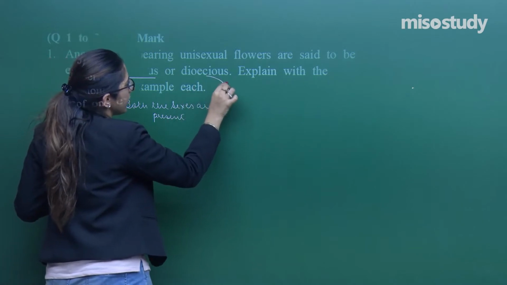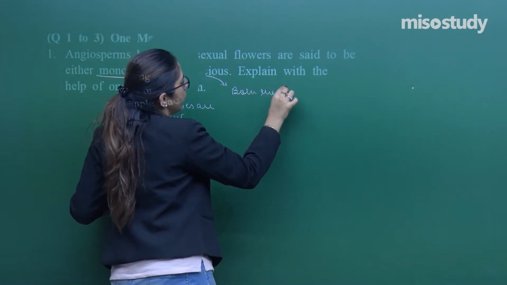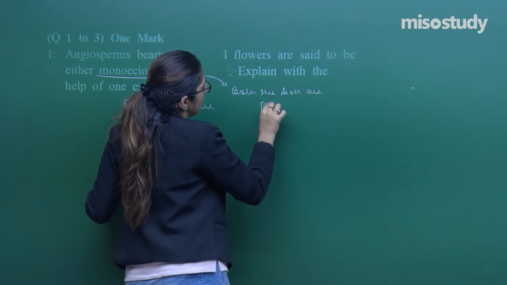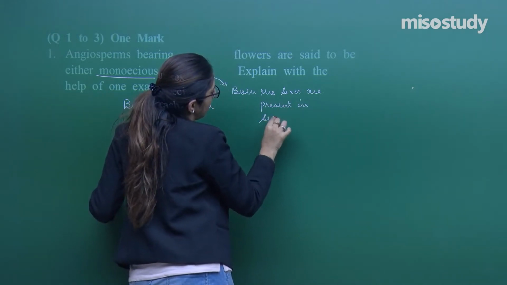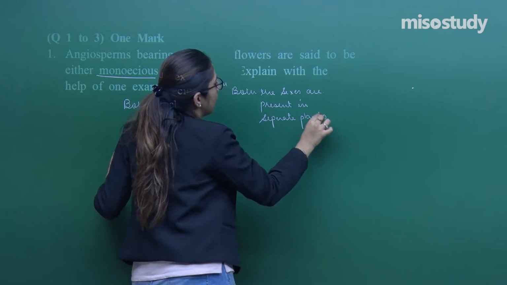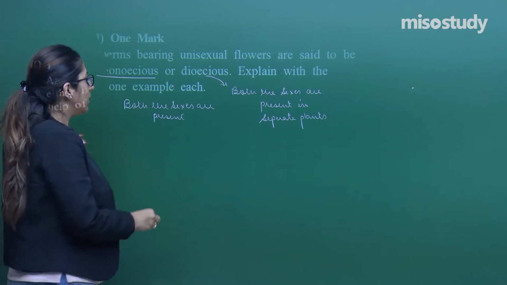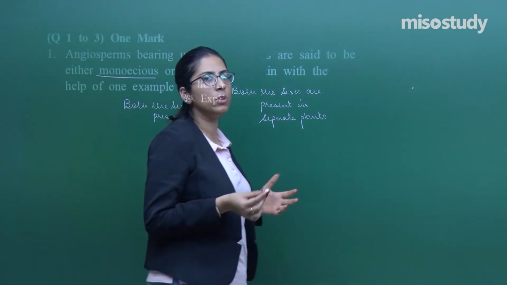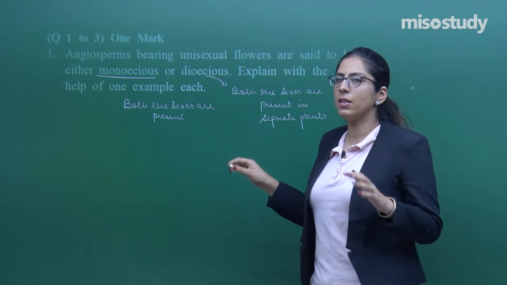Whereas in dioecious, both the sexes are present in separate plants. That means the pistillate and the staminate flowers are both present in the same plant in the monoecious case, and in this case they are present in separate plants.